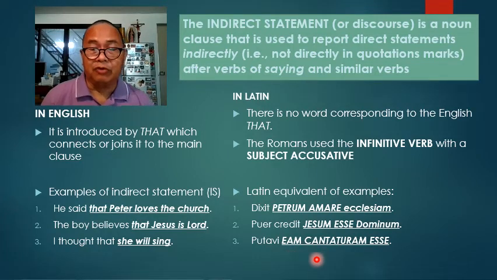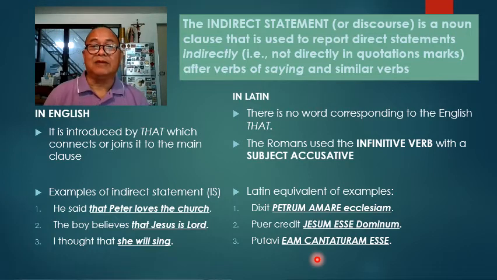Therefore, you will have to use the future active infinitive, cantaturam esse. And you should remember that this is a compound verb: cantaturam, the future active participle, plus esse. Cantaturam must agree with the subject in number, gender, and case. Eam is feminine, cantaturam is feminine. Eam is singular, cantaturam is singular. Eam is accusative case, so cantaturam is also accusative case.